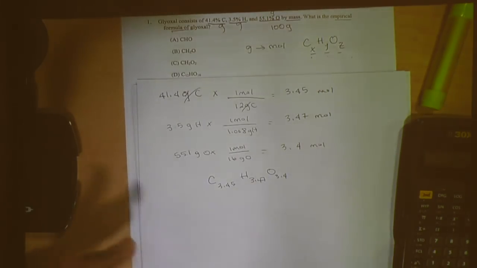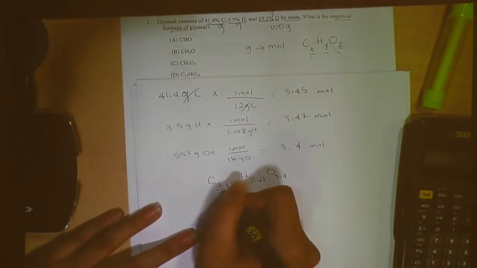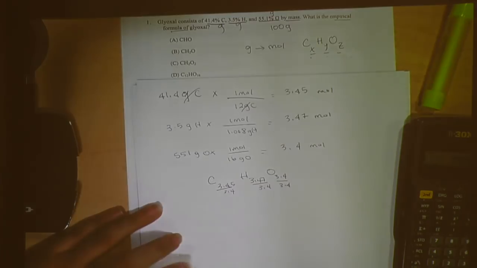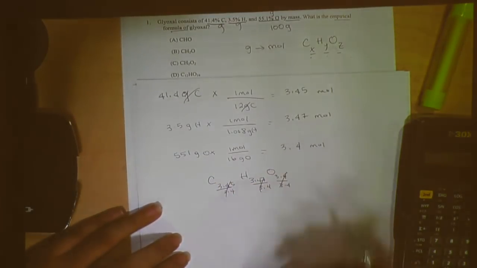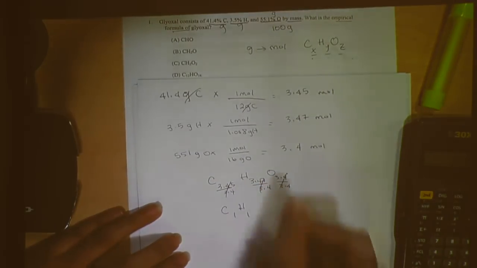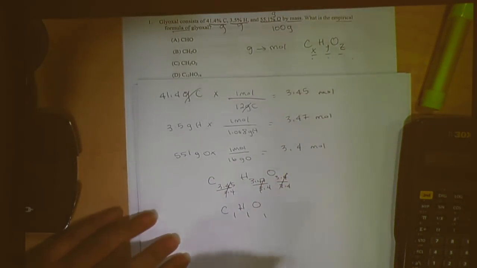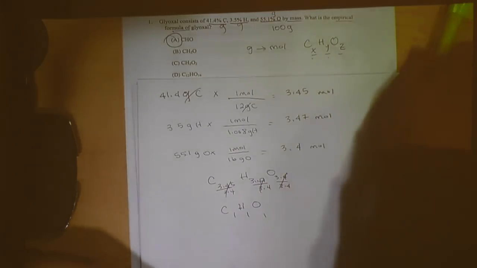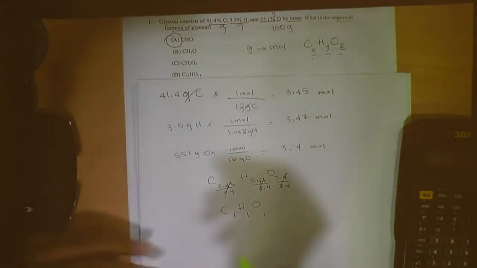All of them are approximately 3.4, so if you divide all of them by 3.4, they all come down to be about 1. So you have C1, H1, O1, which gives you the answer A. So A is my empirical formula. Again, the empirical formula is the one that is the most simplified. So A becomes your answer for that one.